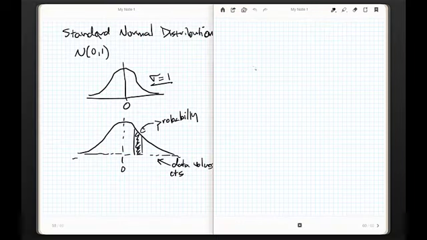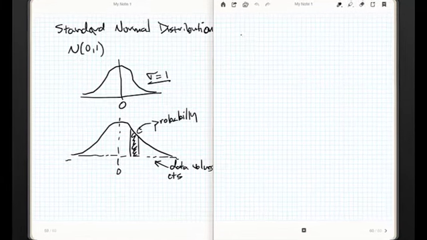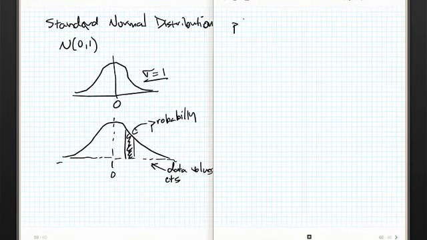Now I'm going to do something that's going to feel a little bit like a non sequitur. What if I wanted to figure out the probability of drawing a person at random with an IQ that is less than, say, 110? Let's really wrap our brain around what this means. Remember, IQs are a normally distributed variable with a mean of 100 and a standard deviation of 15.